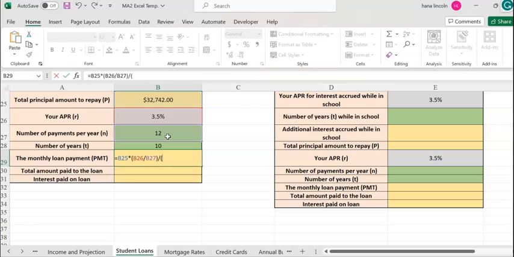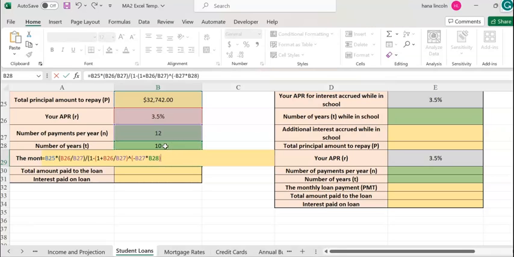open parenthesis, 1 minus, open parenthesis again, 1 plus the rate divided by the number of months in a year, close parenthesis, to the power of, shift 6 is the power symbol, open parenthesis, minus for negative, and again the number of months in a year times the number of years, the loan period.